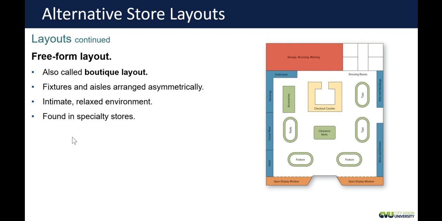You could also do a free form layout. The free form layout is more of a boutique area, where you have fixtures. If this is a clothing store, on the walls you're going to have maybe jeans and displays on the sides, but then as you walk in, you've got smaller fixtures set up showing display items and everything else.